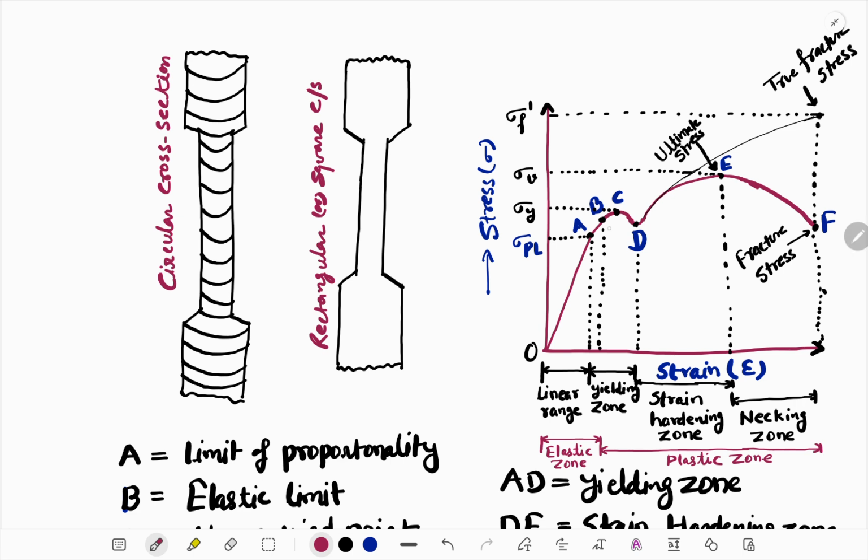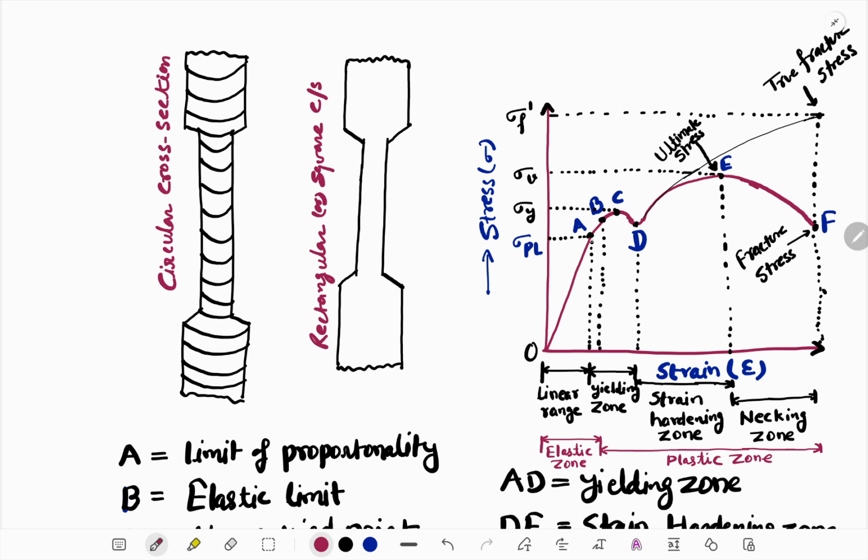From point A the material will start yielding, and it goes to point B, from where there is also a chance of recovery. So point B is called the elastic limit.